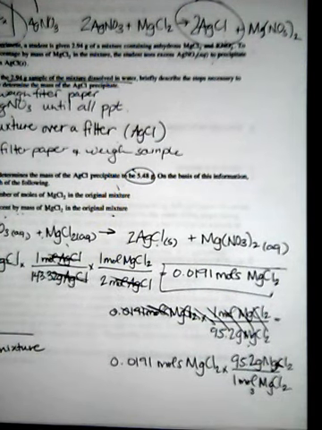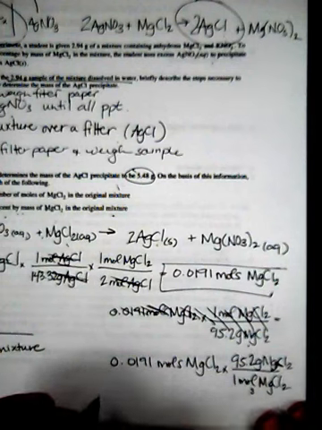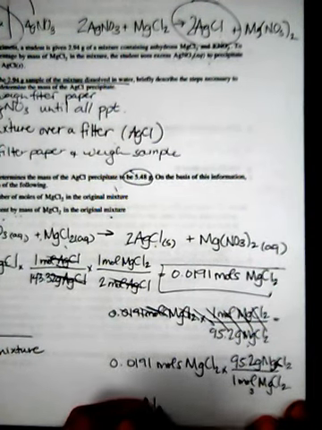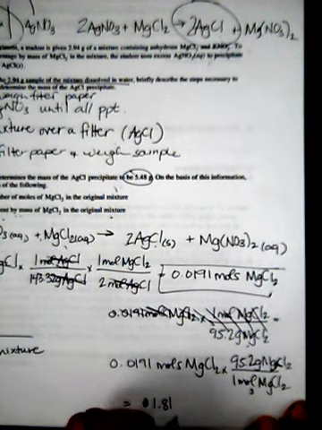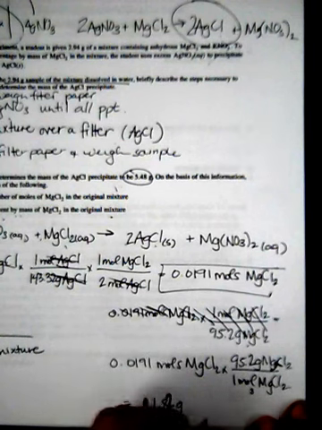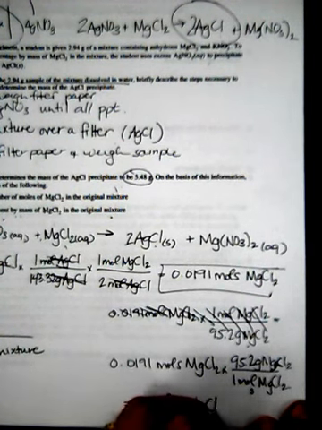Okay, now let's try that. So I got 1.82 grams of magnesium chloride.